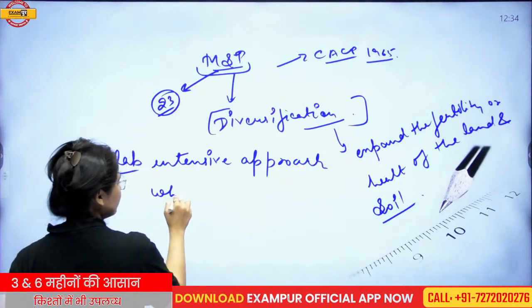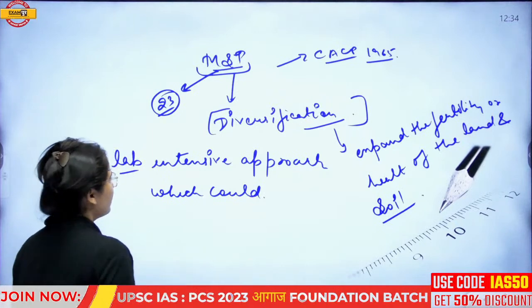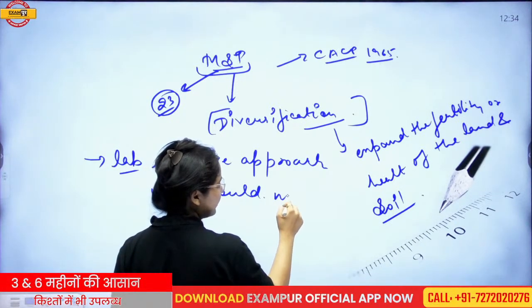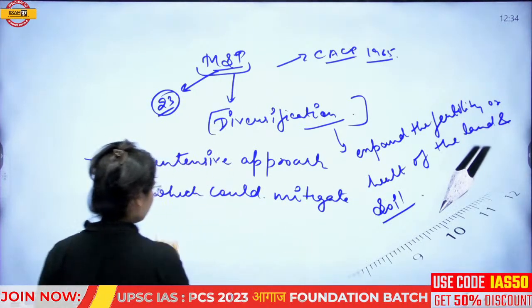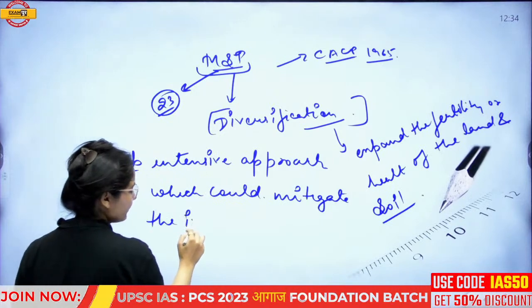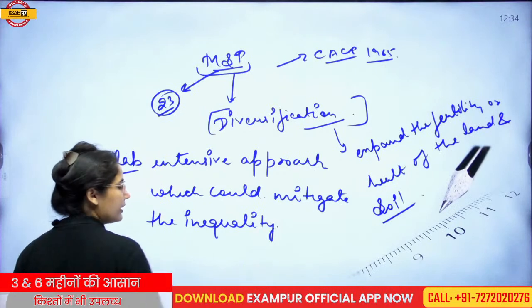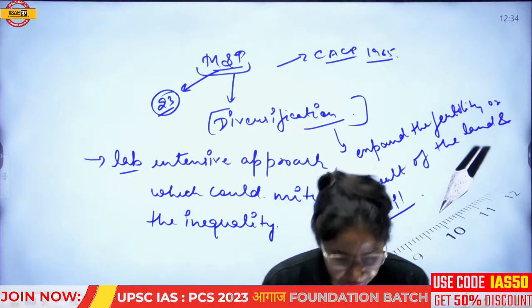which could mitigate the inequality by making inclusivity into the segment. Getting my point?